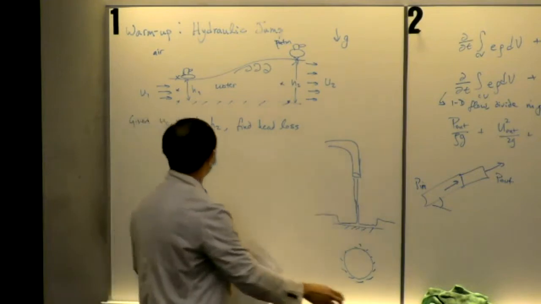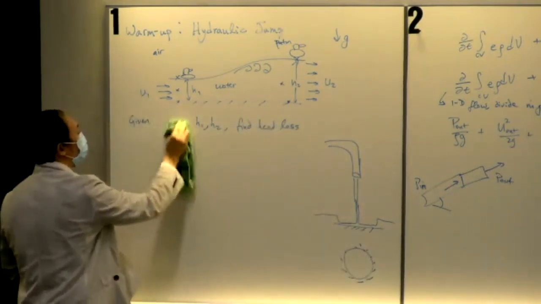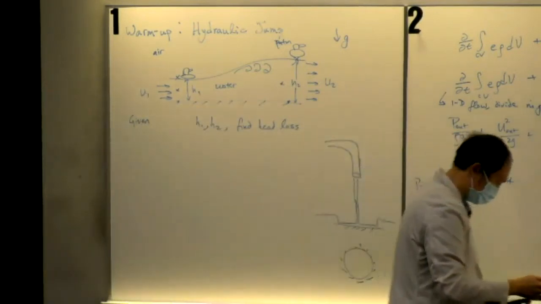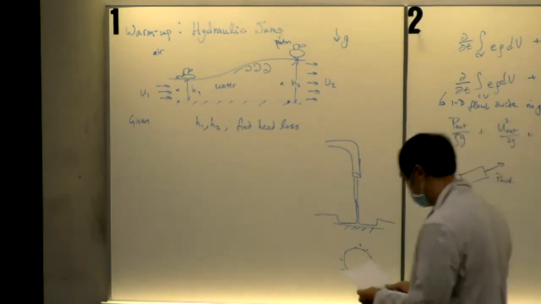Actually, you don't even get U1 and U2. You just get H1 and H2. Yeah, you're supposed to find the head loss just in terms of the height differences.